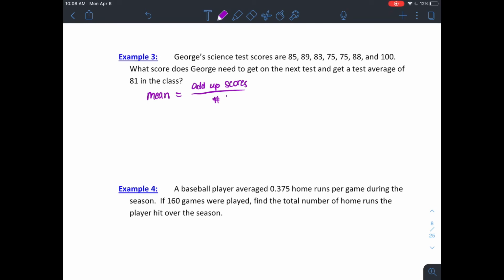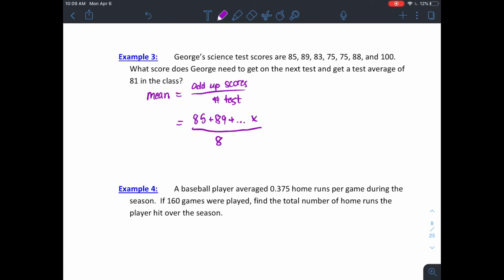So if I add up all my scores, 85 plus 89 plus 83, and so on, plus my mystery test score. I don't know what this last test score is, because I'm taking another test.